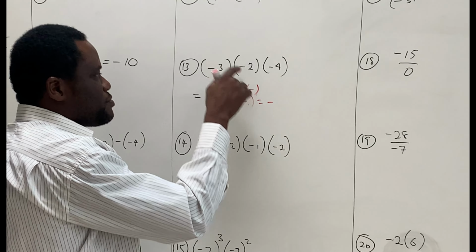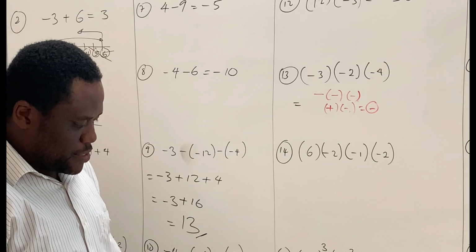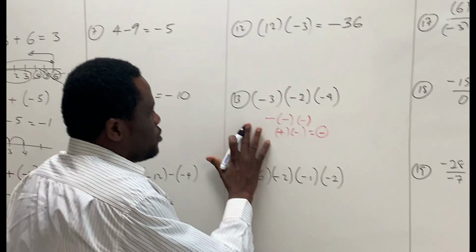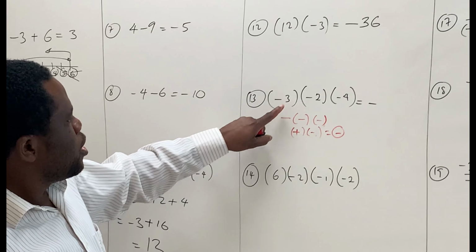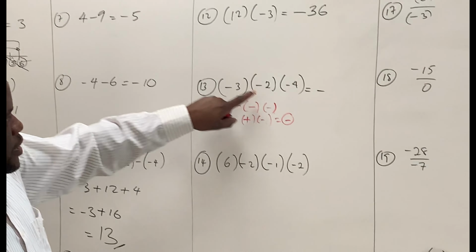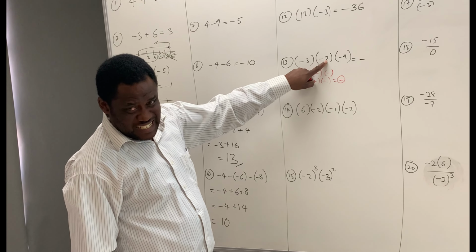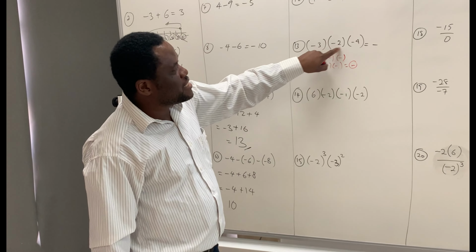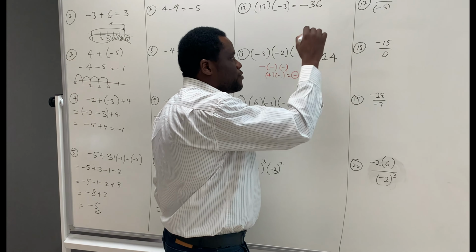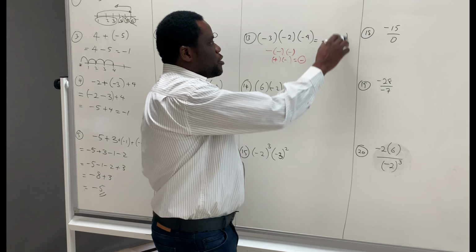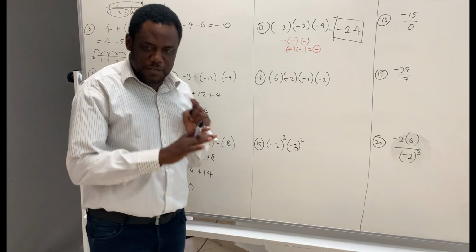Minus. So minus minus minus is what? Minus. So if minus minus minus is minus, now we have negative 3 times 2 will give us 6. Right? Now 6 times 4 will give us what? 24. So our result is minus 24. Be careful of this minus 1.